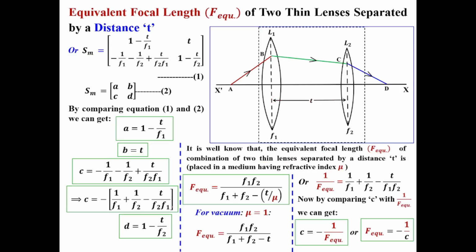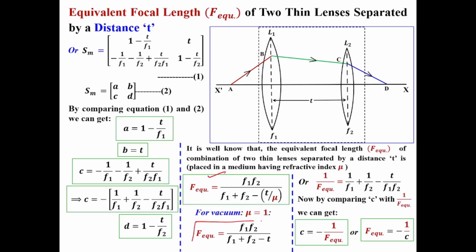Then the equivalent focal length is f1 f2 by f1 plus f2 minus t by mu. Here f1 and f2 are the focal lengths of lenses 1 and 2. If we consider the medium to be vacuum, the refractive index mu is 1, and this expression becomes f1 f2 by f1 plus f2 minus t.